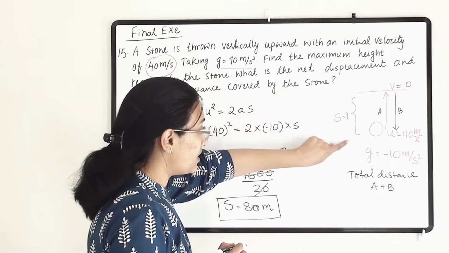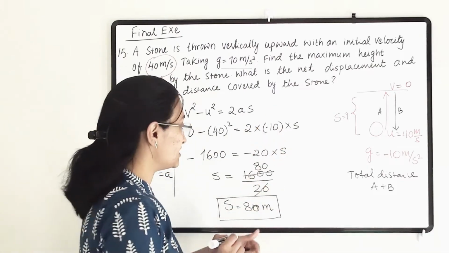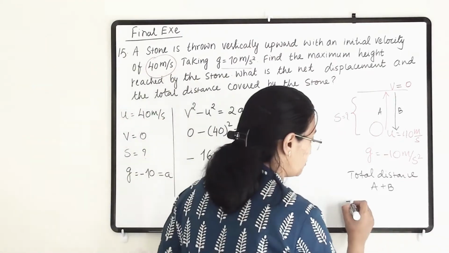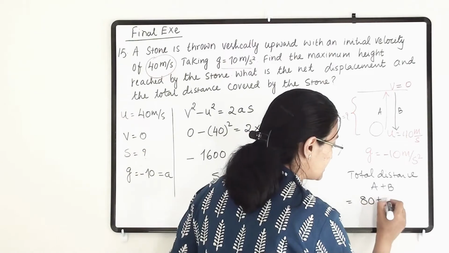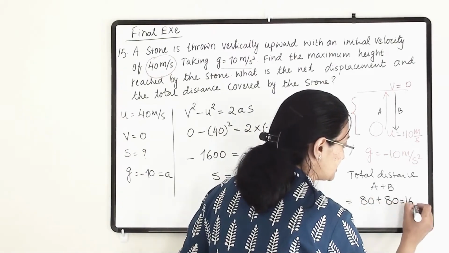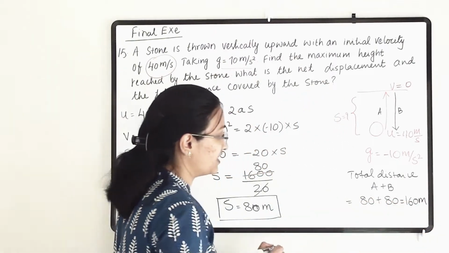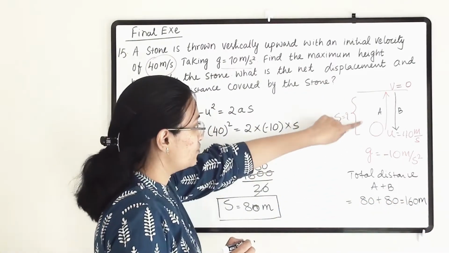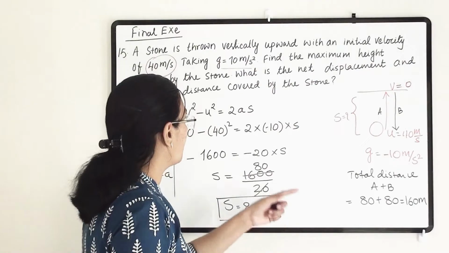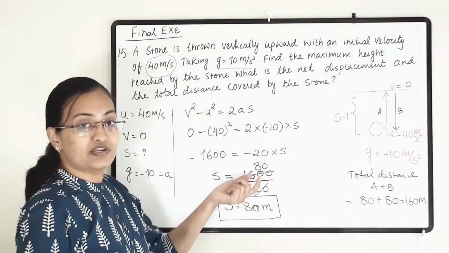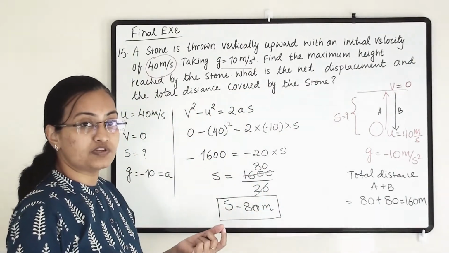So when it comes back, how much distance will it travel in total? Total distance equals 80 plus 80, so equals 160 meter. When it is going up and down, it is traveling a total of 160 meter. Now about net displacement. What is the meaning of displacement?